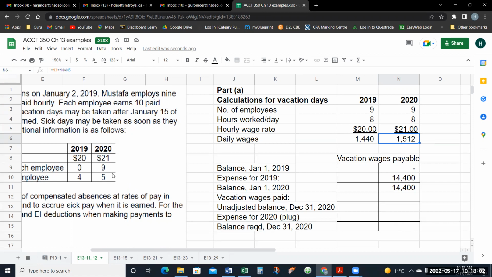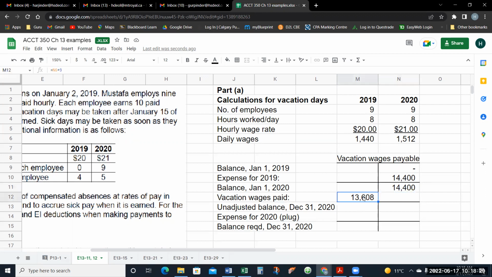They will get paid at the rate of $1,512 for 9 days. So vacation wages that we ended up paying is 1,512 times 9, $13,608. This is how much cash the company has paid to its employees. Now, what does that do? It depletes the vacation wages payable liability, right?